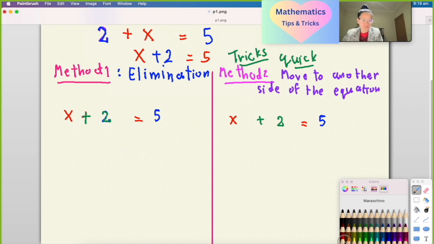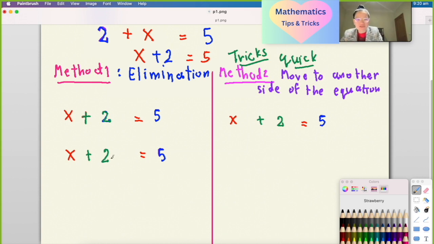You have x plus 2 equals 5, but in the elimination method you find the number to eliminate plus 2.